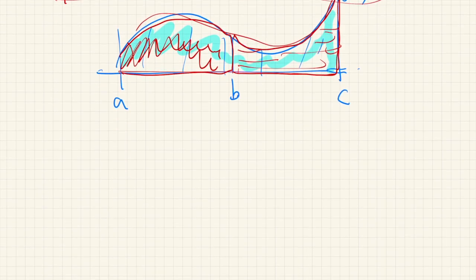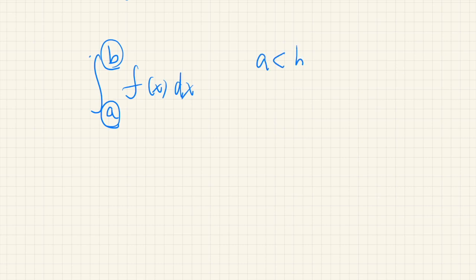And related to this, we adopt the following convention. Usually if we integrate from a to b of some function, we assume that the lower bound is of course less than the upper bound, that means a is less than b. But we can actually define the opposite case.